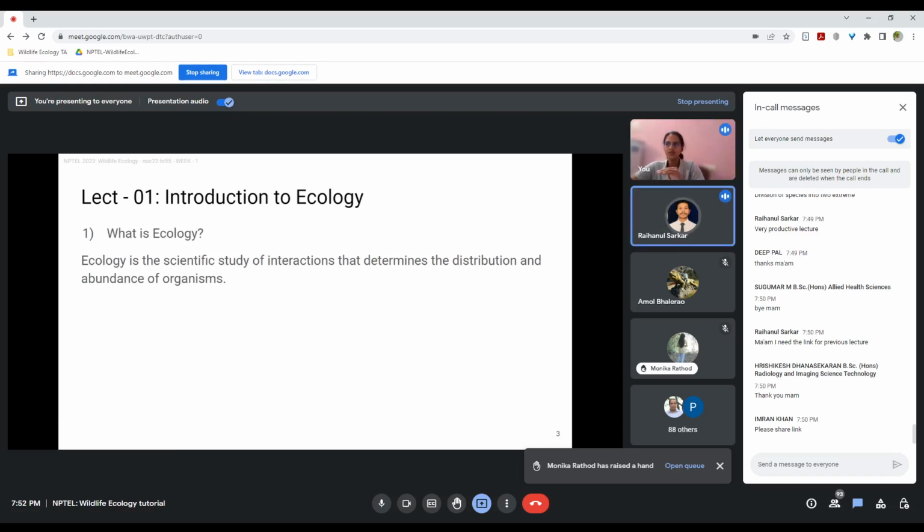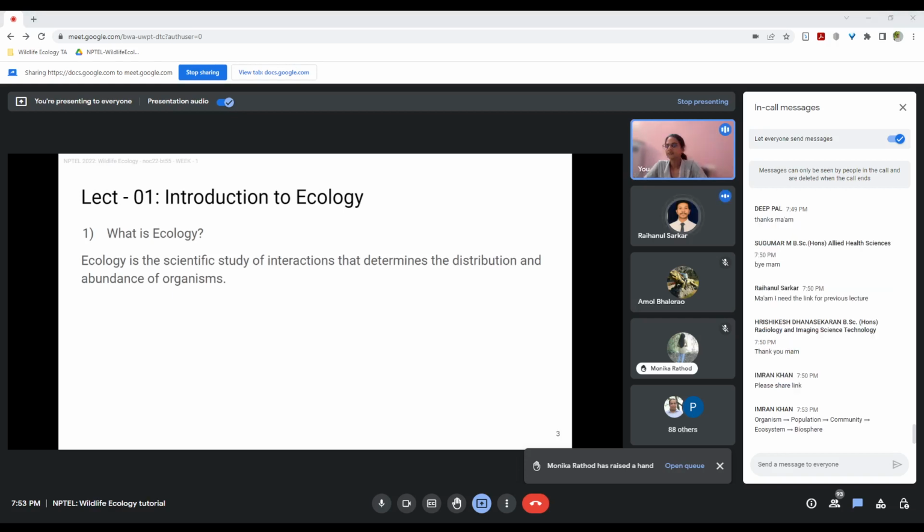Your lowest is organism, and as you correctly described, the levels of the hierarchy go from the organism to the population to the community. After that you have the ecosystem, the biome, and then the biosphere. So we start at the species level, which is the organism level.